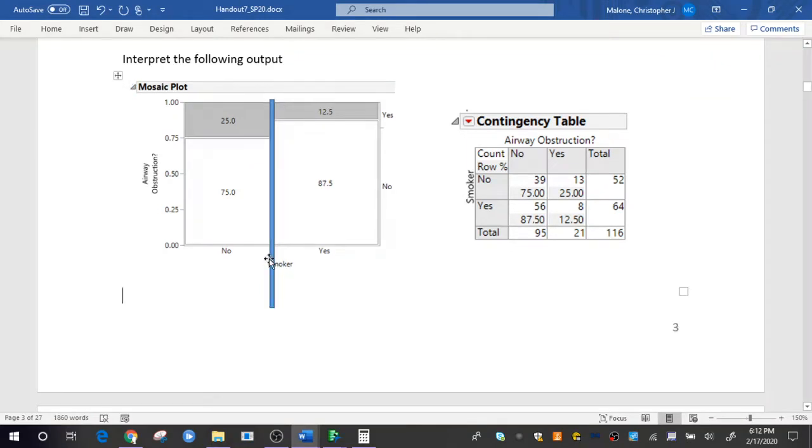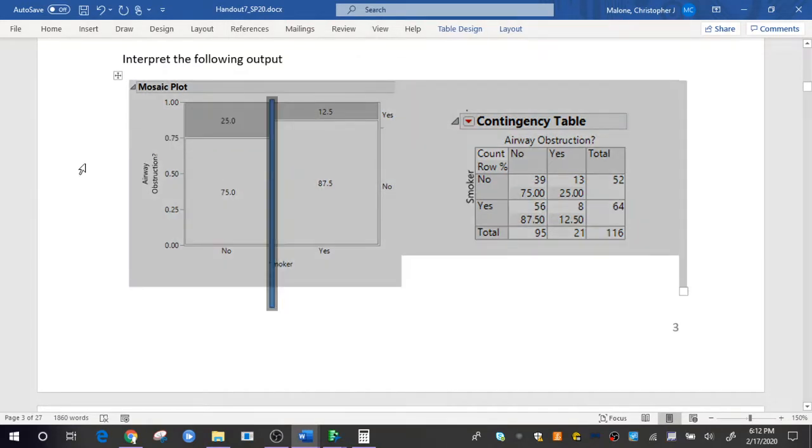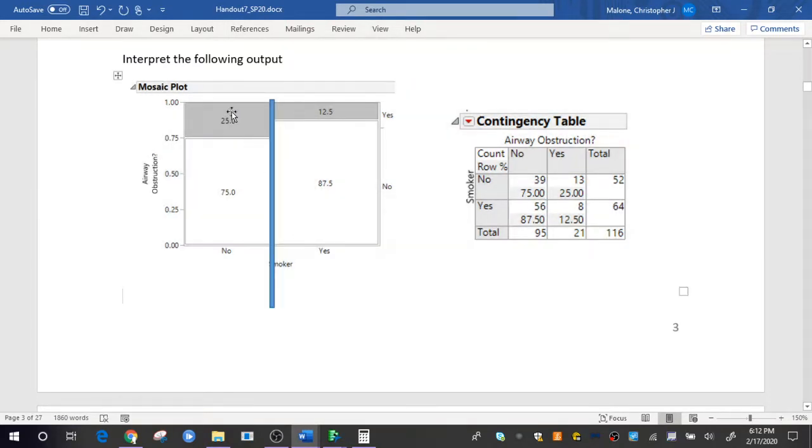The information on the left of my dividing line is for my non-smokers. The information to the right is for my smokers. The gray box here, as indicated on the margin on the right side, is for those that have an airway obstruction. And again, that's 25% for my non-smokers, whereas that rate falls substantially lower. It's only at 12.5% for my smokers.